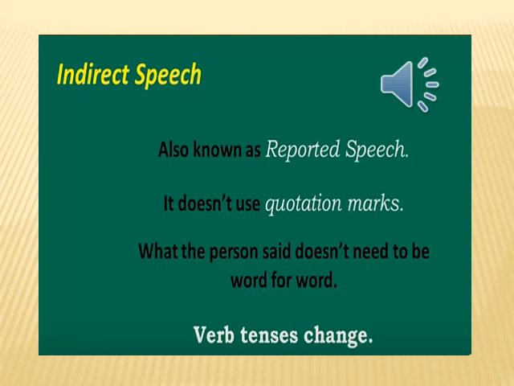You do not exactly copy and paste the words of the speaker as in direct speech. And the last thing is the tense changes. The verb tenses change. But in direct speech, as I told you before, we do not change the tense. So indirect speech is basically the opposite of direct speech.